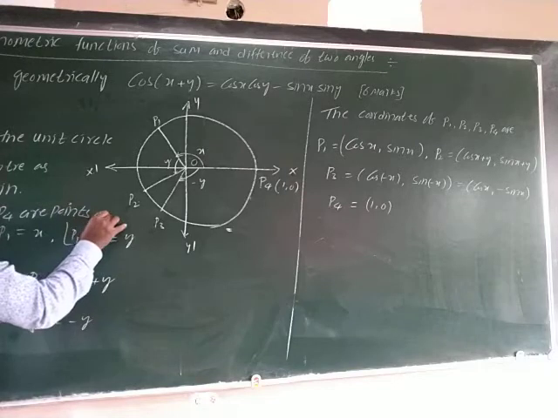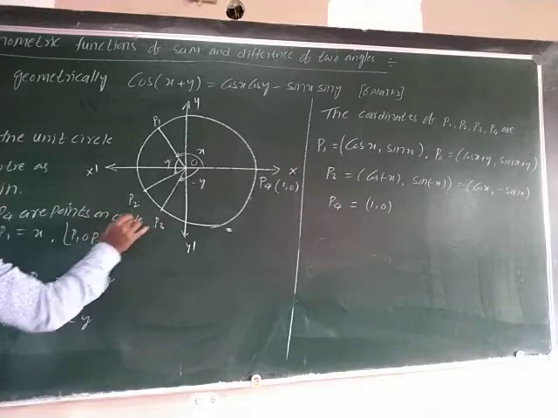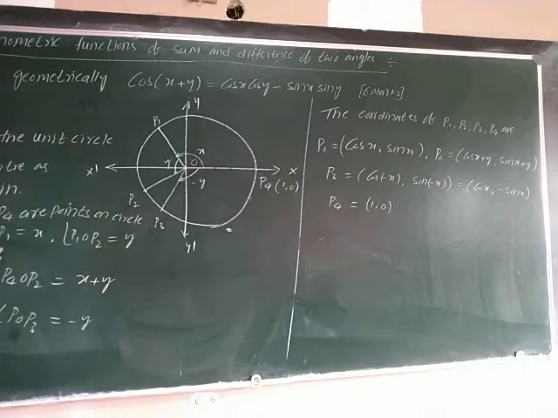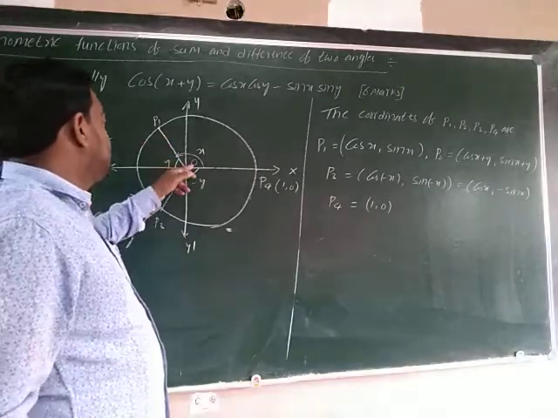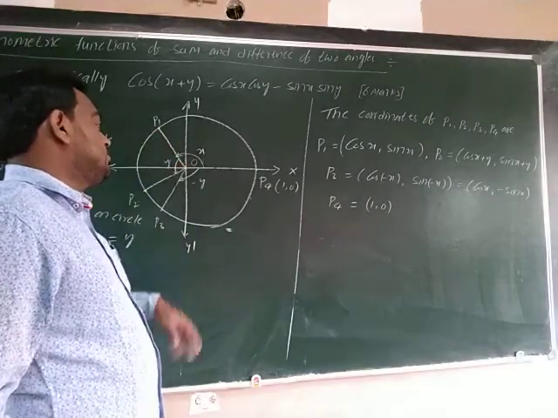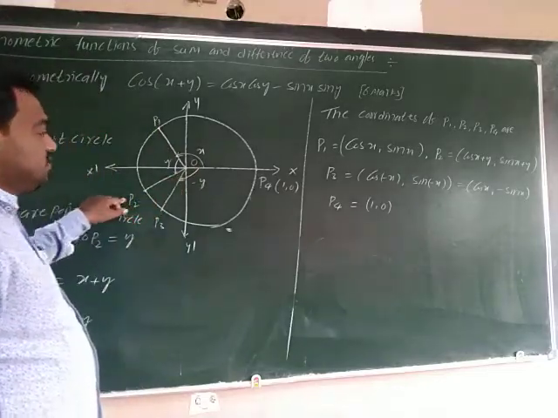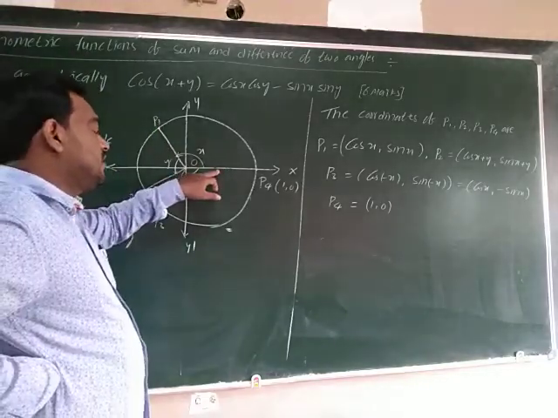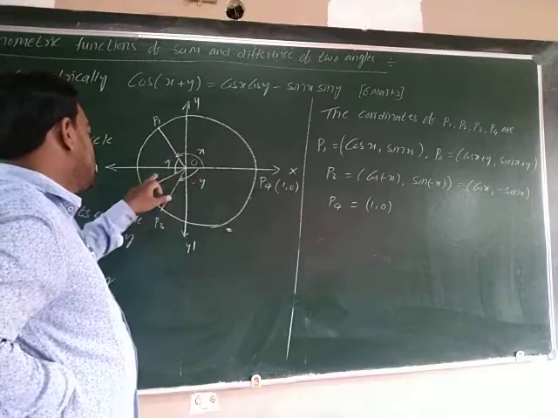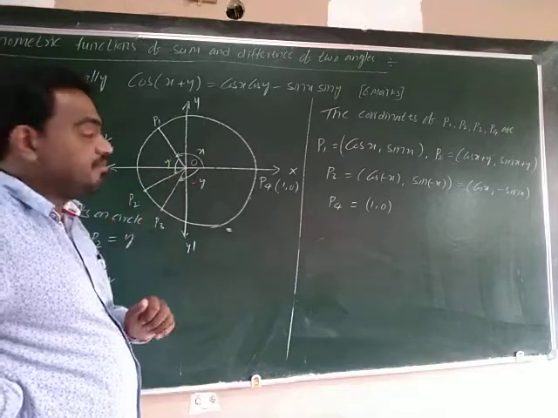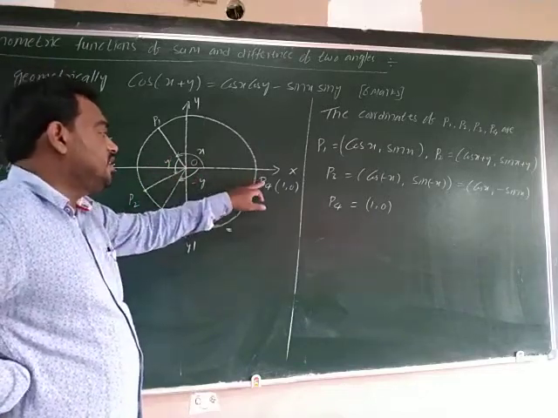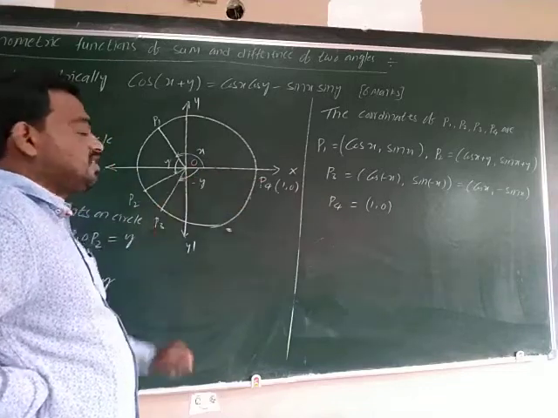Next, let angle P4 O P1 be equal to x. Angle P1 O P2 is equal to y. That implies angle P4 O P2 is equal to x plus y. Let angle P4 O P3 be equal to minus y.